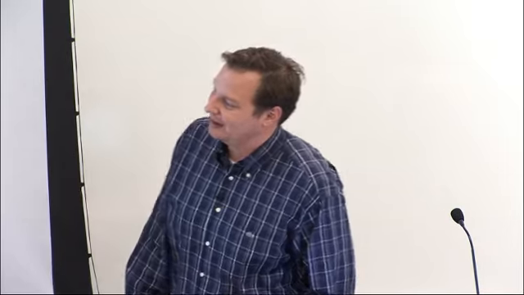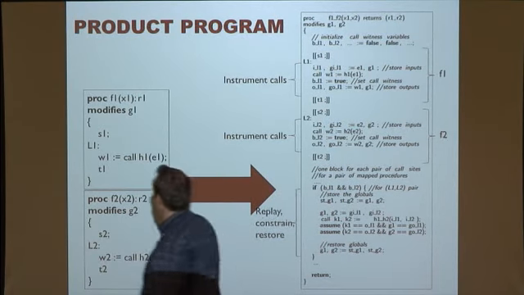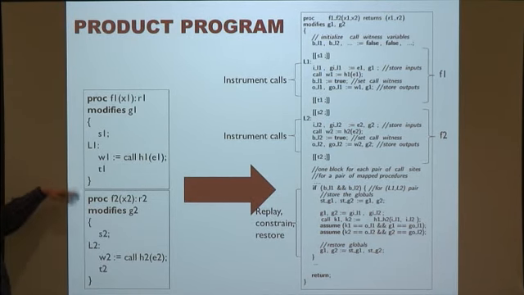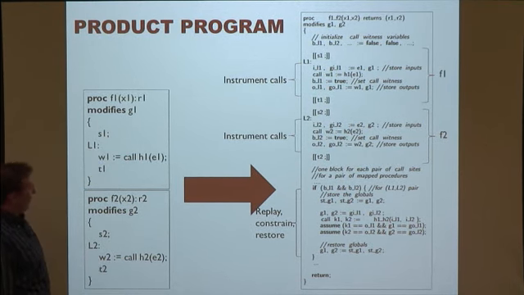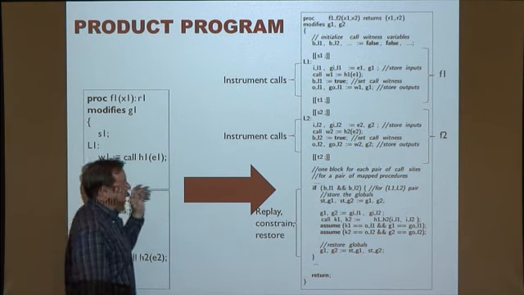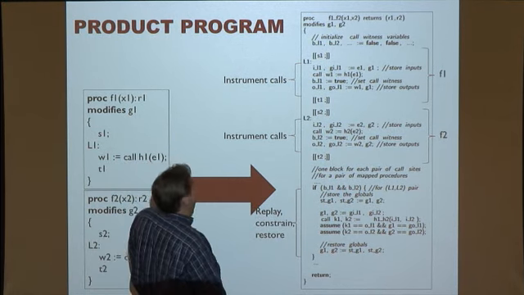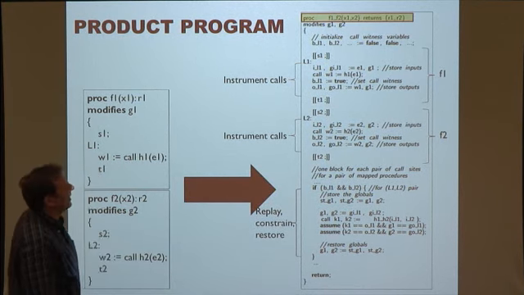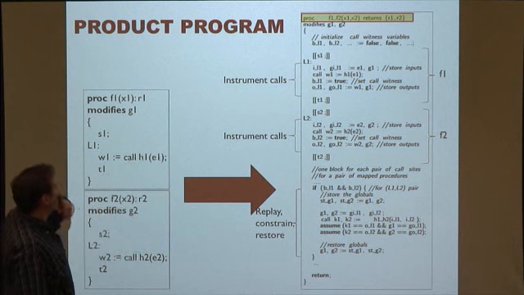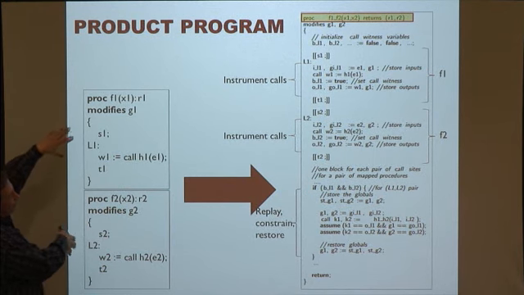So this is the construction of the product program. You have two program versions that are taken as input. In this case, they're just two procedures, F1 and F2, which invoke H1 and H2. And this is the product procedure for these two procedures. So there are a couple of things to note. It's one procedure that captures the effects of both of these.